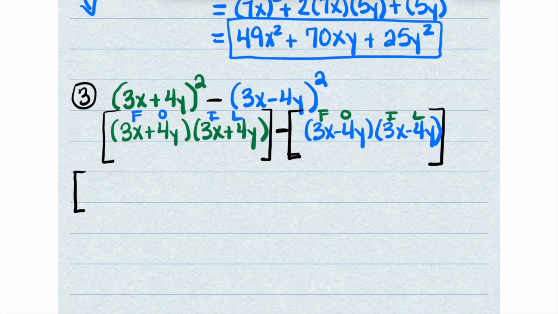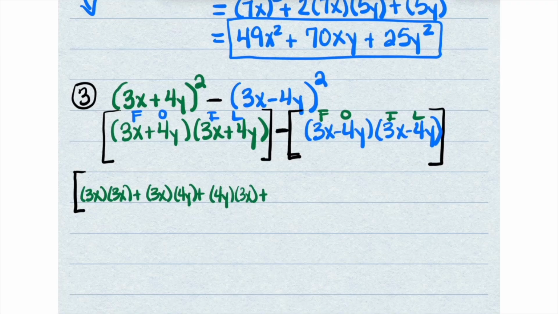Okay, first, that's going to be 3x times 3x, right? And these are going to be the same color in this one bracket, okay? And then the outside, 3x times 4y. The inside, this is going to be long. 4y, the inside.